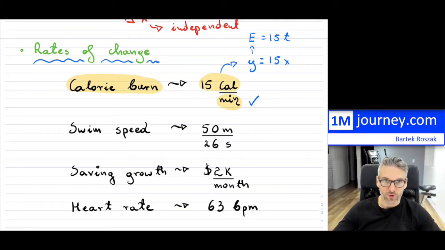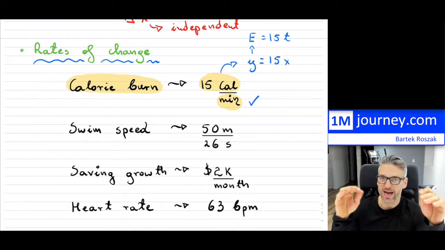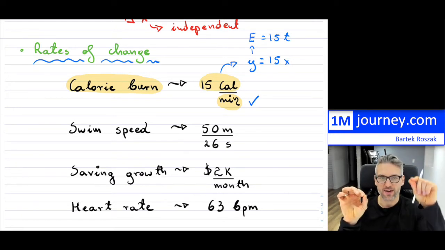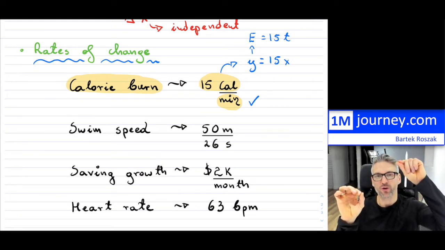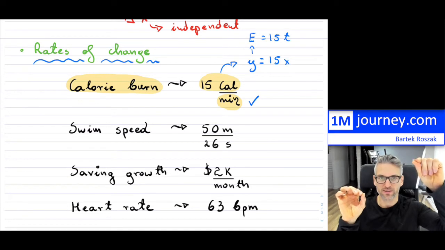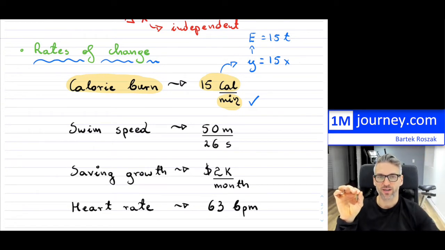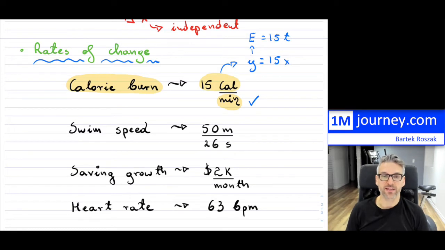Now, if you were writing this out and if you would draw it out, then you would simply have a straight line going through 0, and every minute, your energy would go from 15, then another 15 to 30, 45, 60, and so on. So we can plot this out. So let me do that in decimals.